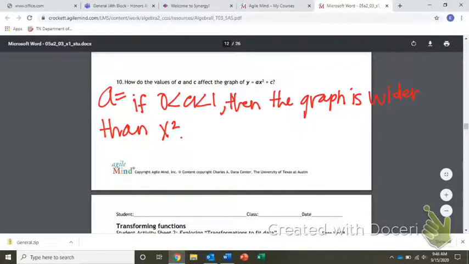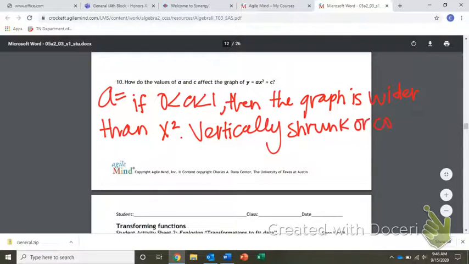You may also see this written as being vertically shrunk or compressed.